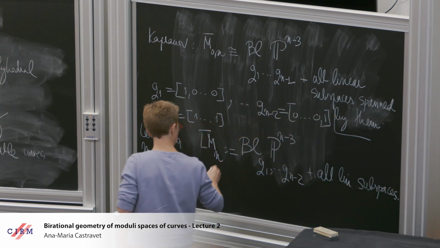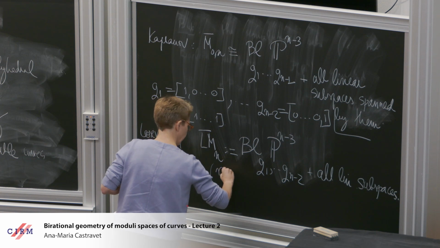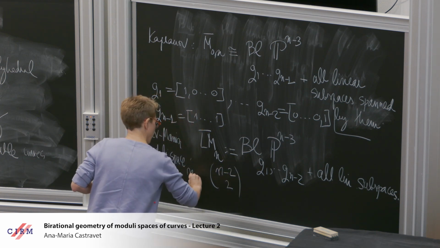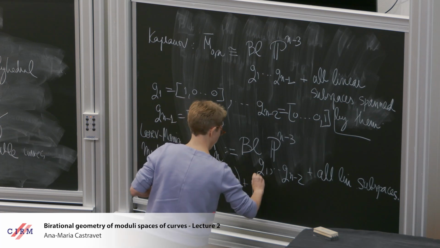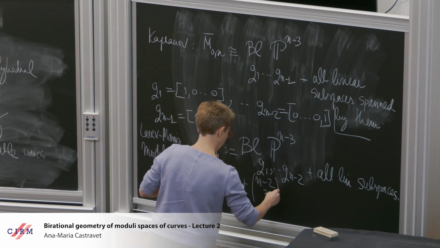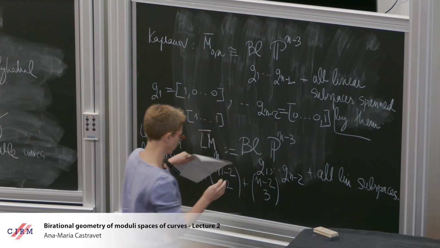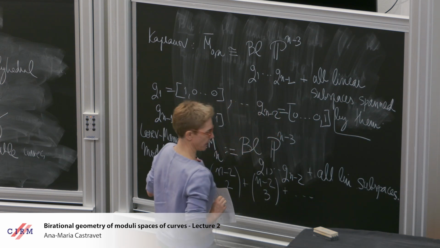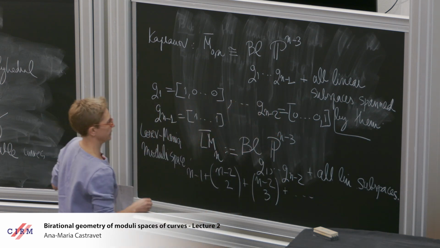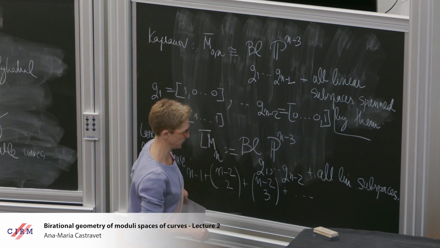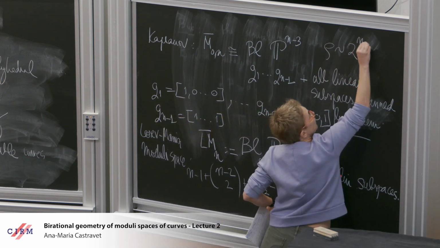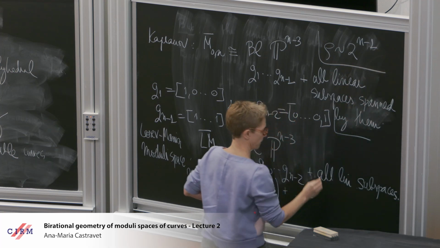Again, you're blowing up n minus 2 points and n minus 2 lines, n minus 2 planes, n minus 2 choose 2 lines, n minus 2 choose 3 planes, and so on. And so the Picard number is roughly half of the one of M0n bar. Here it was 2 to the n minus 1, and here it's half of that.